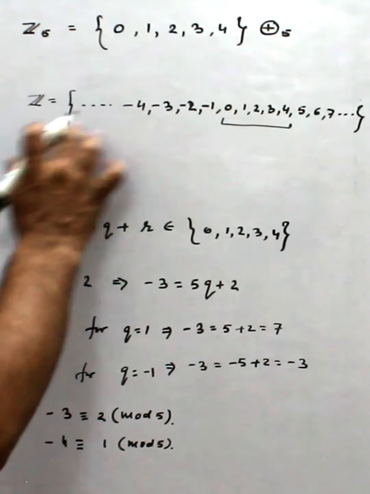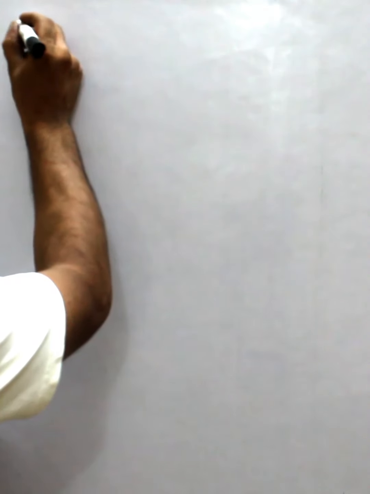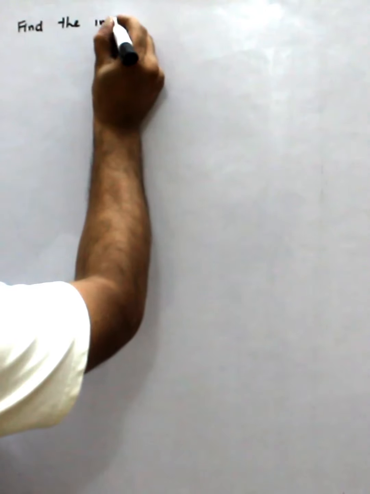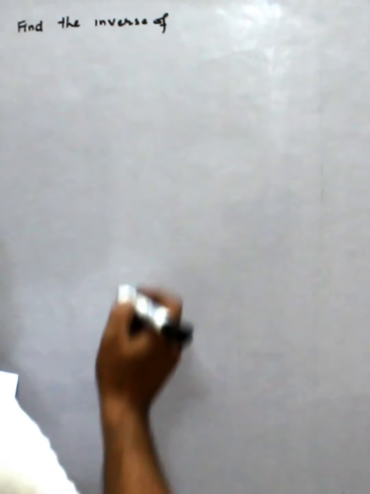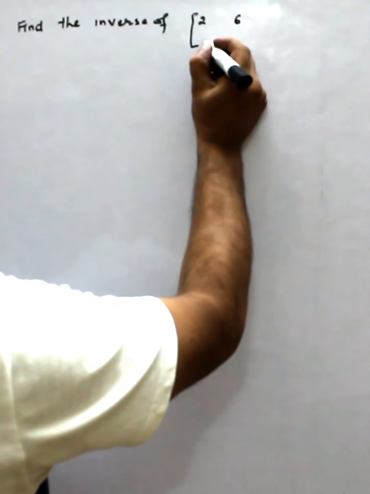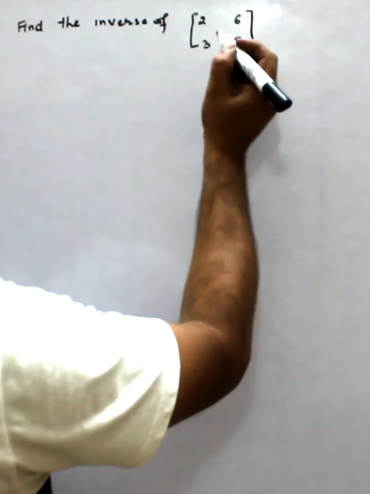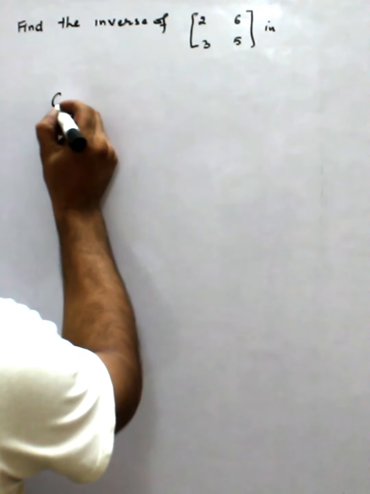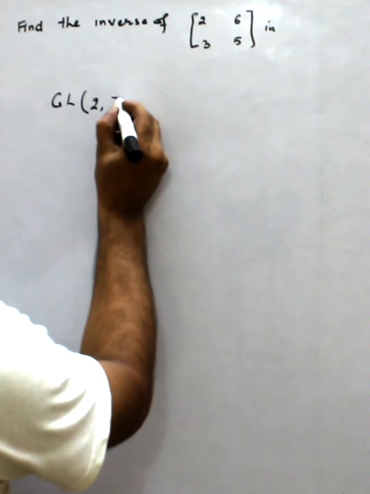Modulo 5. So each number can be fit there. Now, actually, find the inverse of the matrix 2, 6, 3, 5 in GL2 Z11.